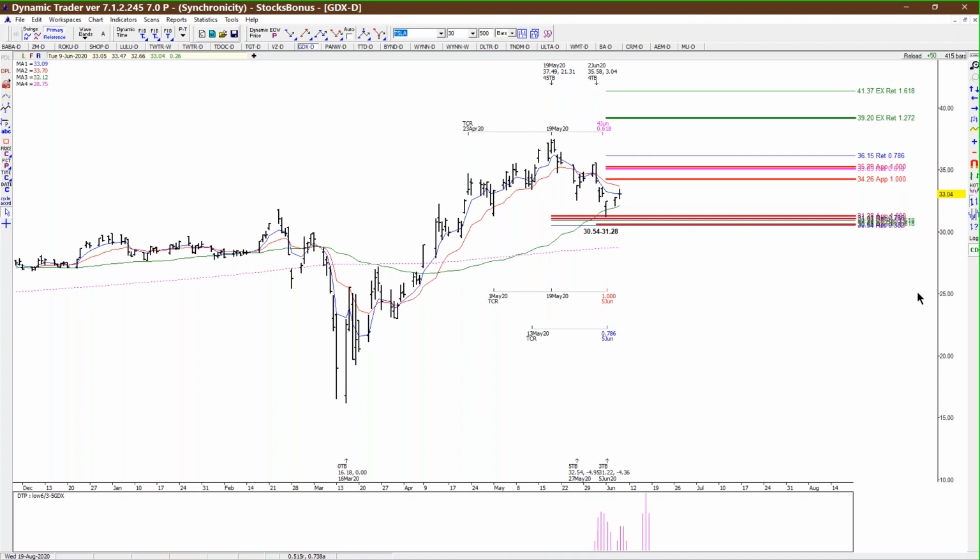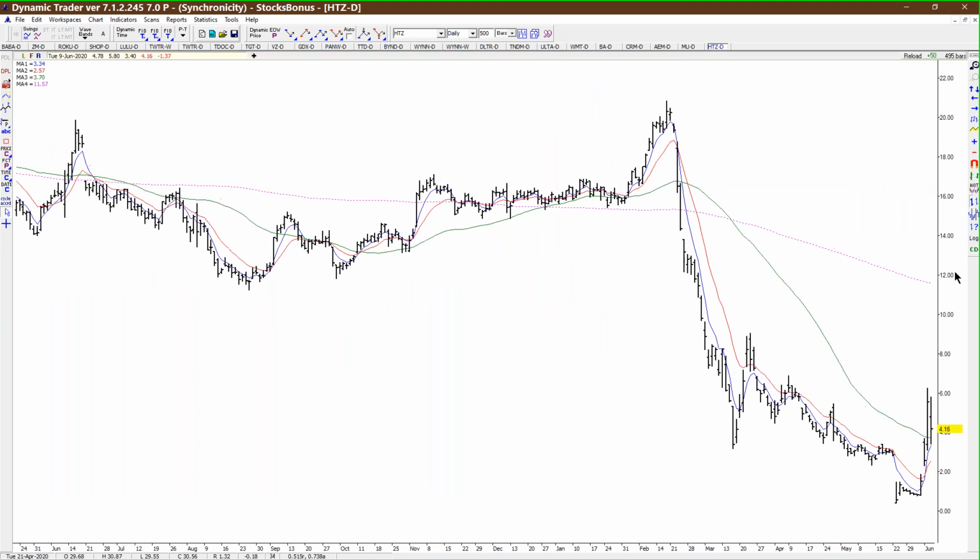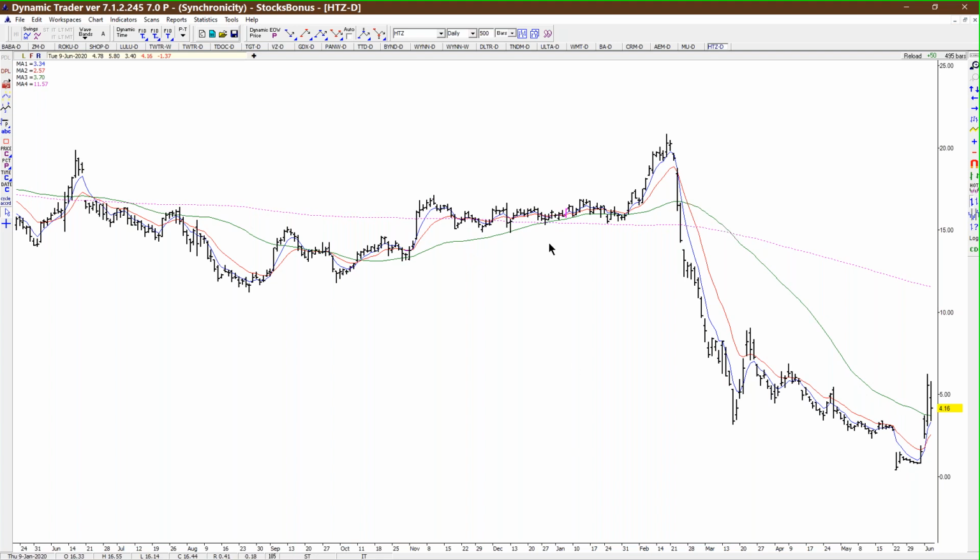I don't know if this HTZ would have given me anything or not. Honestly, I don't do any kind of scans or anything. I've already got a ton of charts that I'm looking at. And I usually don't play a whole lot with stuff underneath 20 bucks.